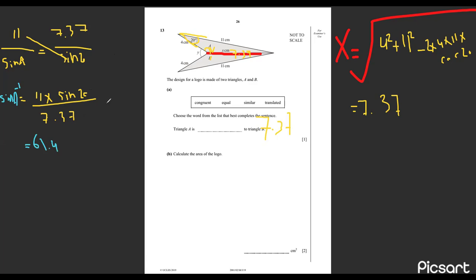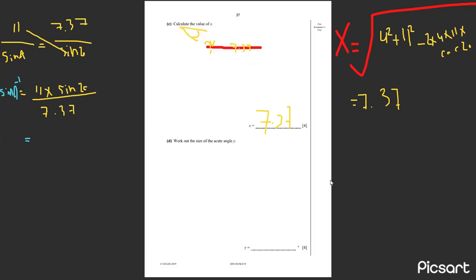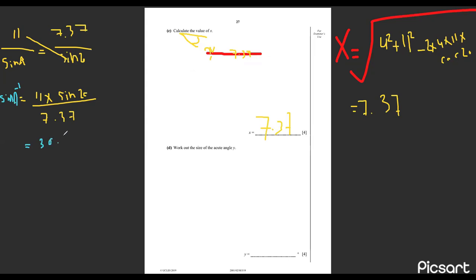Let's calculate on your calculator. You will find it's equal to 30.695. We can approximate 30.7.